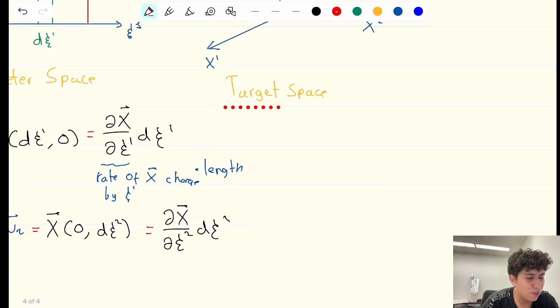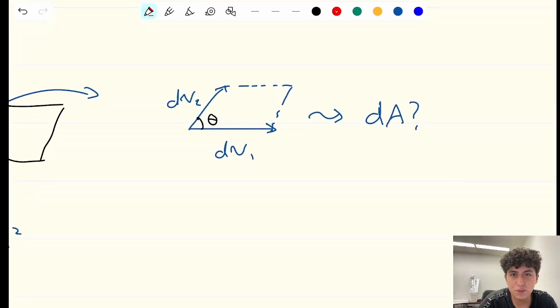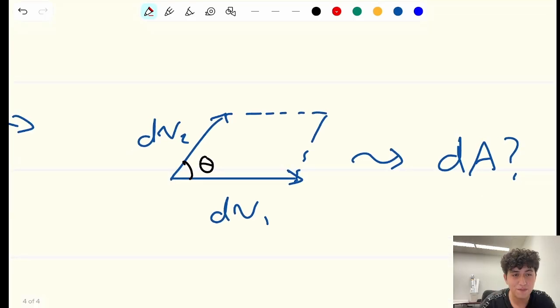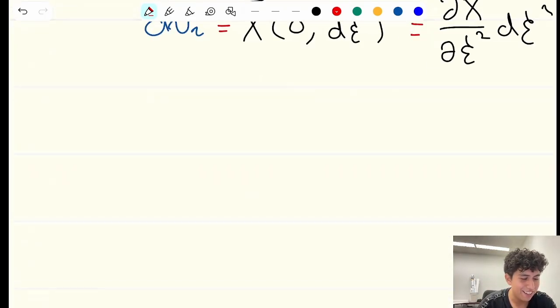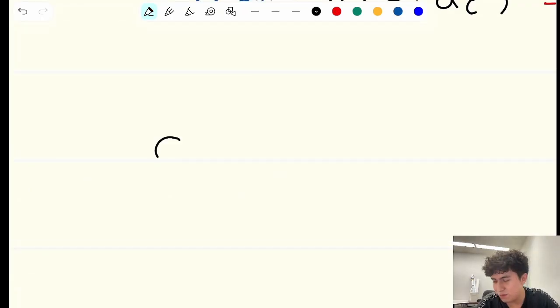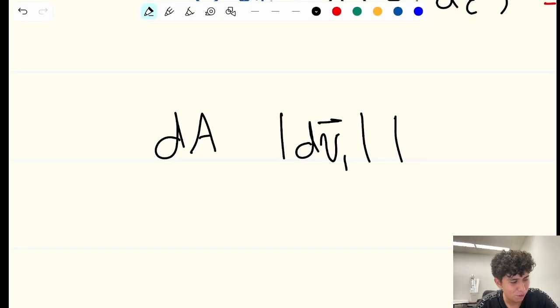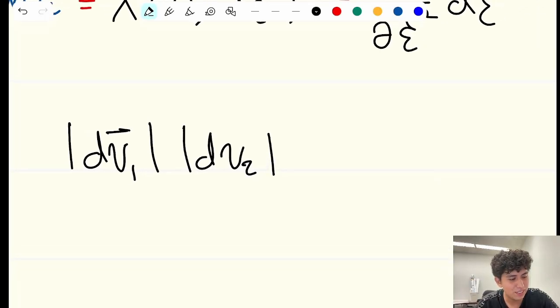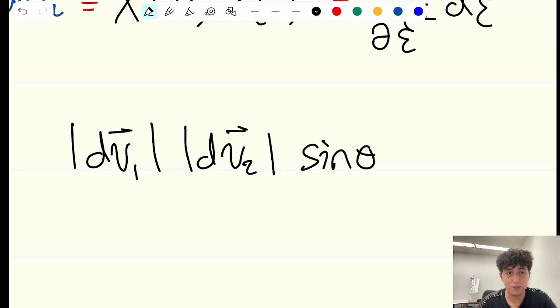And how do we calculate the area now? This small chunk, as you can see, is a parallelogram. If you remember from geometry, the area of a parallelogram can be written as one side multiplied by the other times the sine of the angle between these two vectors.